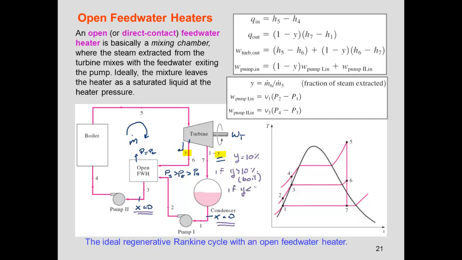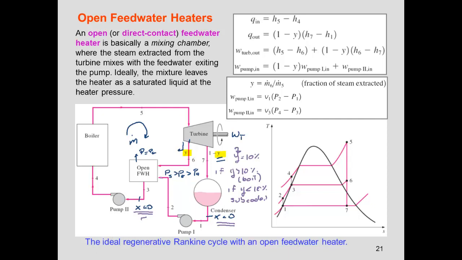If y is less than 10%, then we still have subcooled liquid. So the goal is to find the proper value of y so we can have saturated liquid here.